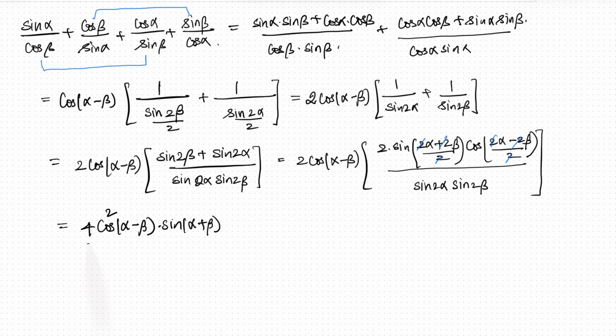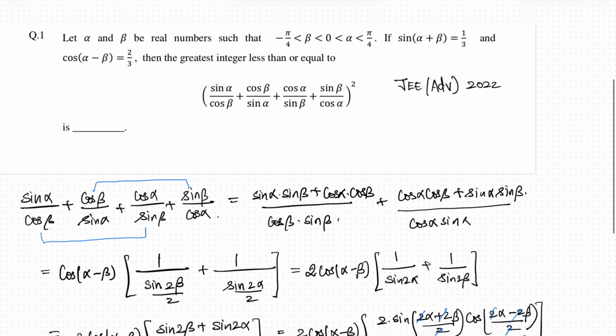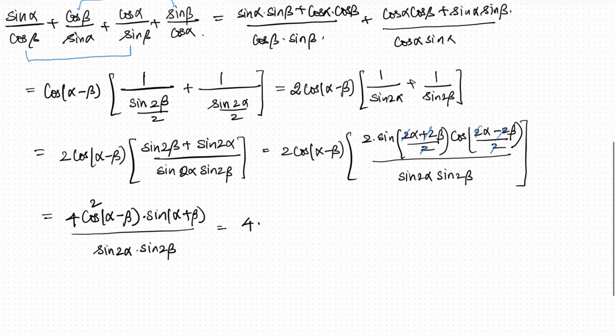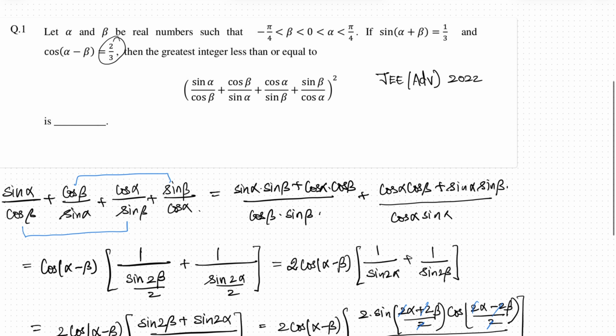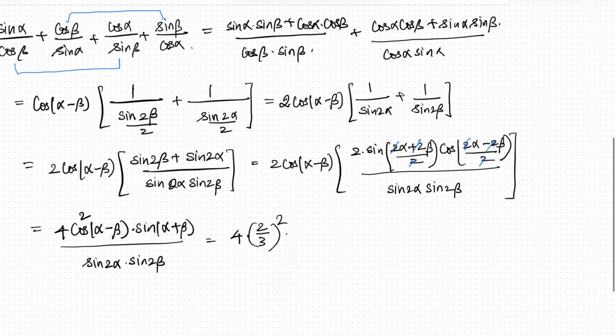In the denominator I have sin 2 alpha times sin 2 beta. So this is equal to 4 times cos of alpha minus beta, which is 2 by 3, so (2 by 3) square, times sin of alpha plus beta, which is 1 by 3, divided by sin 2 alpha into sin 2 beta.